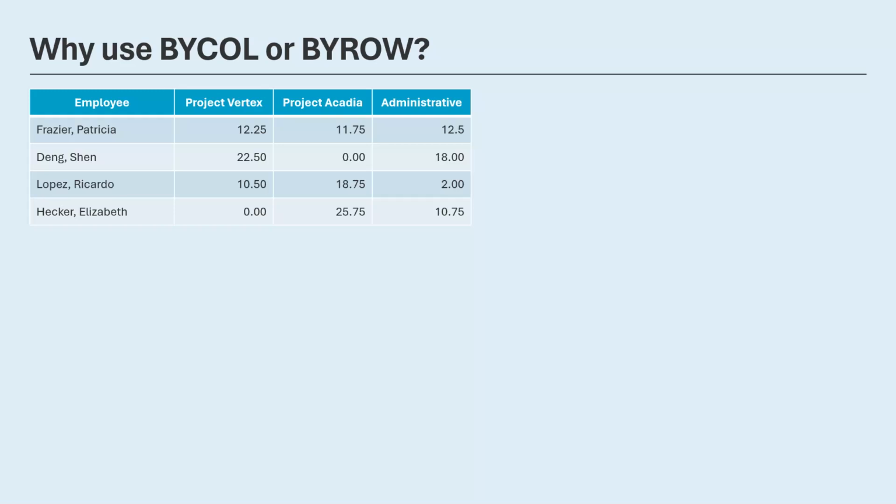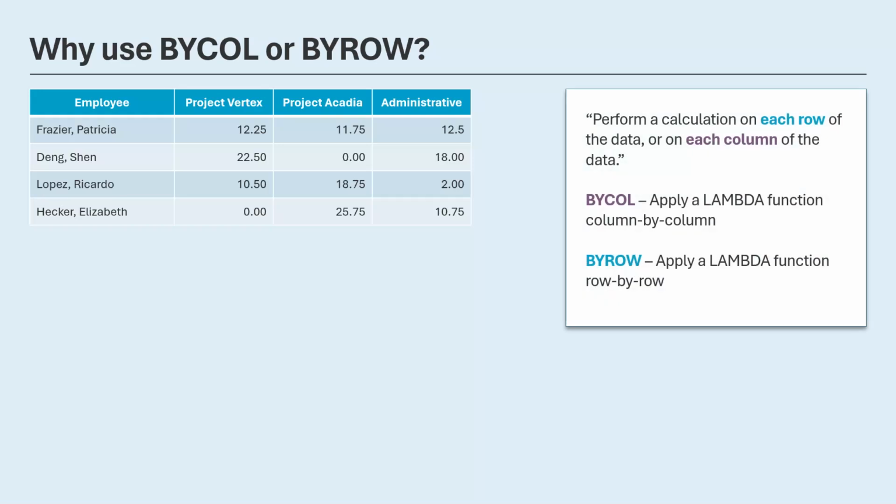If you have a data set in which there is data going vertically down the page and/or horizontally across the page, there are going to be times when you want to perform some sort of calculation on those values, and sometimes you want to go horizontally across and sometimes you want to go vertically down.